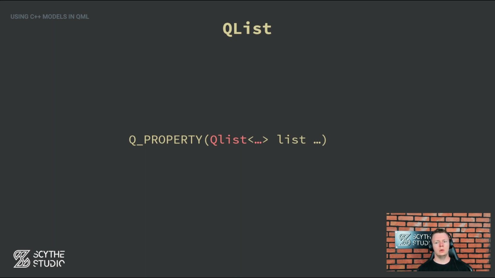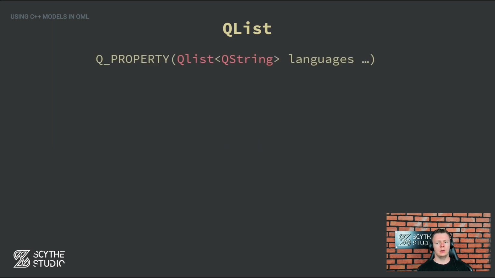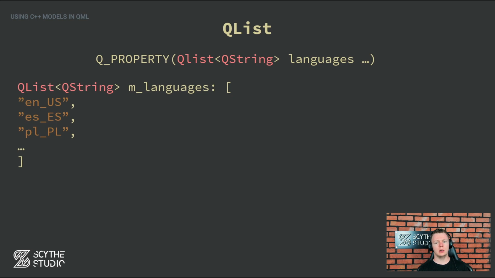And then QList instances of these types can be directly exposed to QML using Q_PROPERTY. This approach is the preferred one when you have a static, non-changing list of elements, for example, a list of languages supported by the application. In such a case, it will be easier to use a simple QList than implementing a whole QAbstractItemModel for non-dynamic lists.